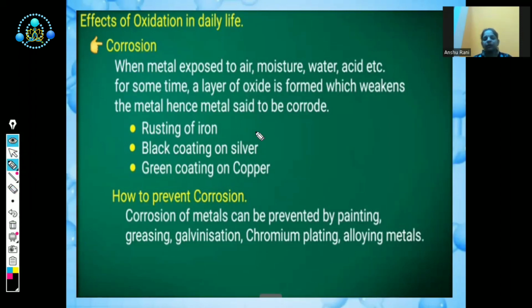Iron when combines with air, it is getting oxygen and water. Certain water molecules, say X water molecules, are combining with it.